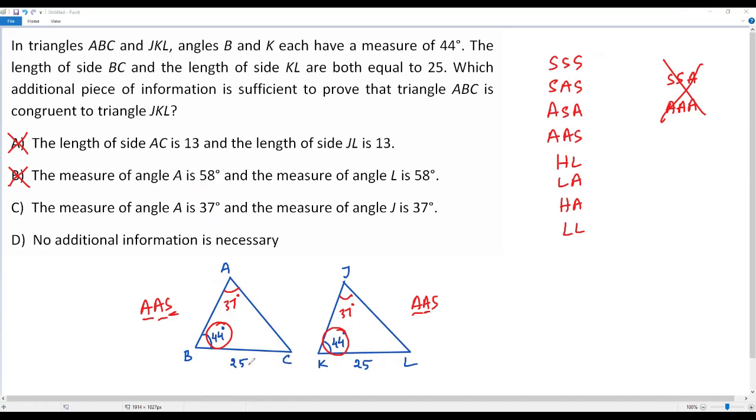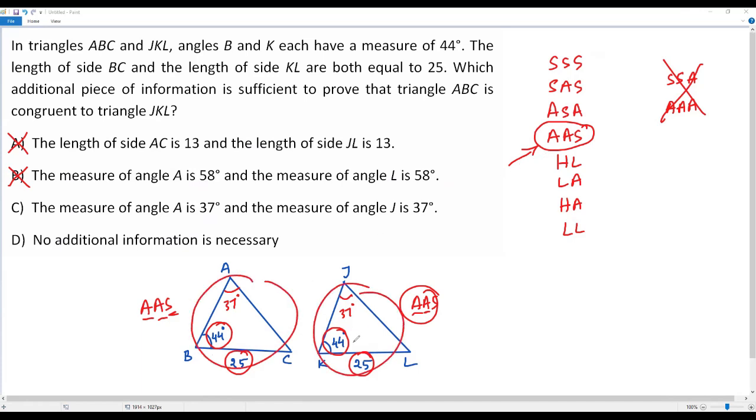The third one is a side which has a length of 25, and in the second triangle also the third one is a side with a length of 25. We have AAS as one of the triangle congruence postulates. So using this postulate AAS, we can say that triangles ABC and JKL are congruent. So the information in answer choice C is sufficient to prove triangle ABC is congruent to triangle JKL. So the correct answer choice for this one is C.